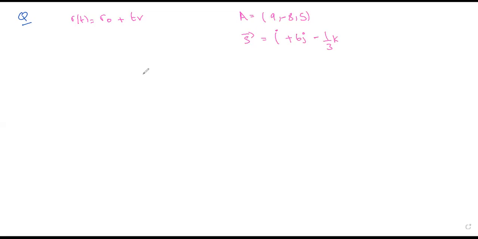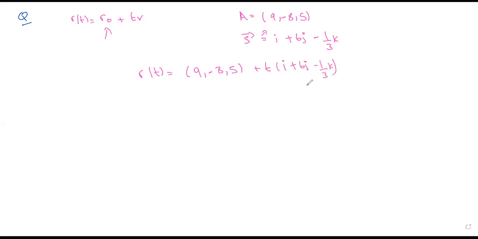All right, now it's very simple. r of t is going to be r naught, that is the point lying on the line, that is this point. Now you can write it this way: (9, -8, 5) plus t into (1, 6, -1/3). Or it could be i plus 6j minus 1 by 3k.